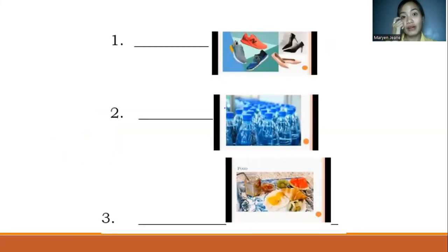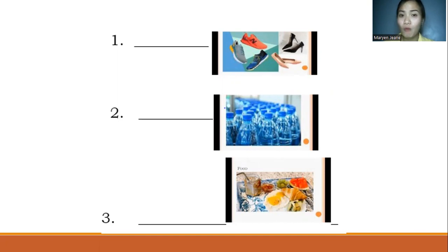In number 1, you can see a picture showing shoes, sandals. Is it a want or a need? Number 2, the picture shows a bottle of water. Is it a want or a need? Number 3, the picture shows a table with foods on it.